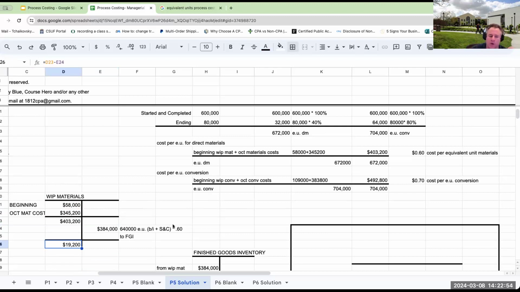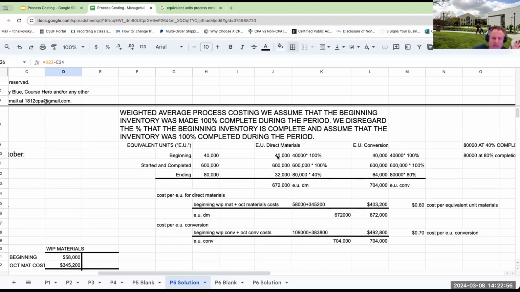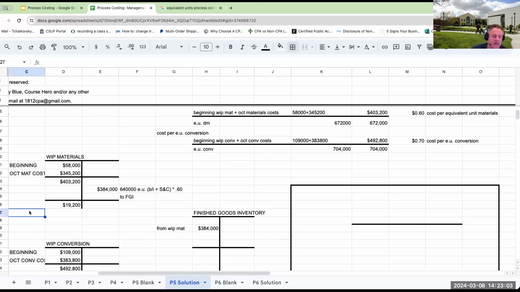How do we check our work? Well, I sent 640,000 to finished goods. I have 32,000 left. If I take my ending inventory of 32,000 equivalent units and multiply that by 0.6, what I'm going to get is 19,200. I'm balanced. So when you do these questions, you want to make sure you're checking your work.